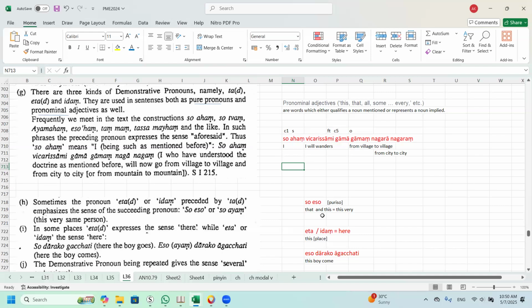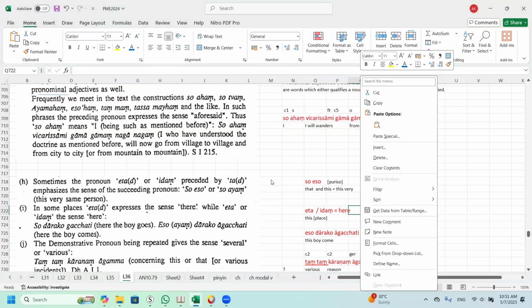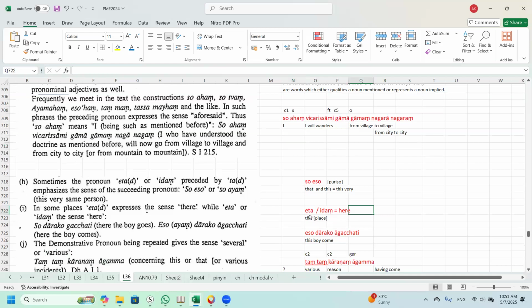That means when you combine, if I put a preso, this very person. If you take eta, this part, once you understand this one, you can understand this. So eta, can you see this part? Idang, eta plus idam. That means eta is this.